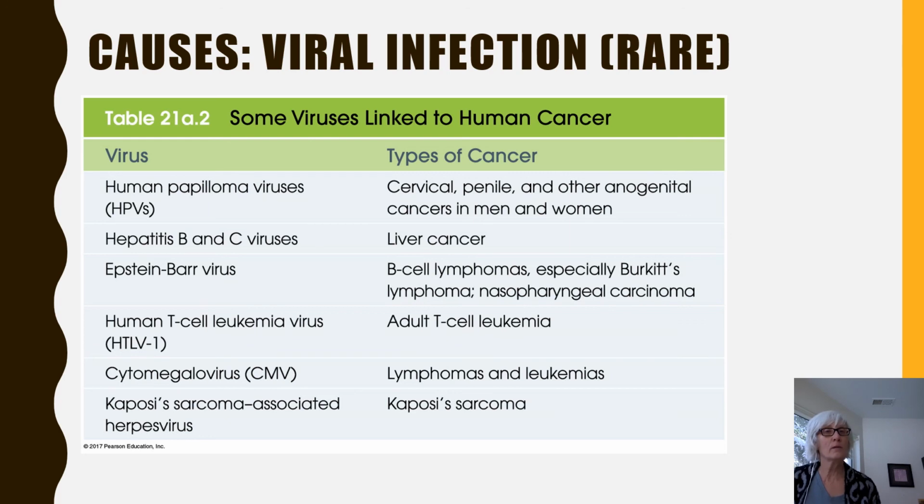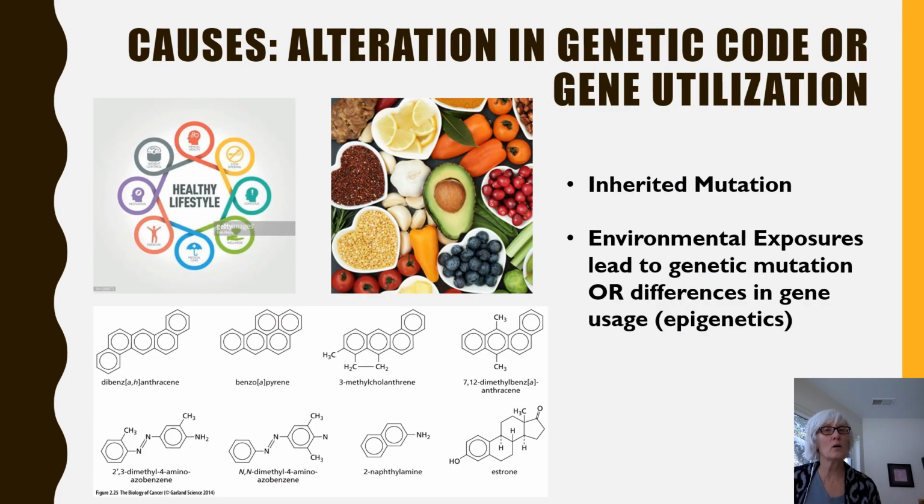The vast majority of cancers are caused by alterations in the genetic code or alterations in the way that our cells use genes. So it's possible, although unlikely, that we would inherit a genetic mutation that would give us some sort of predisposition to develop cancer.